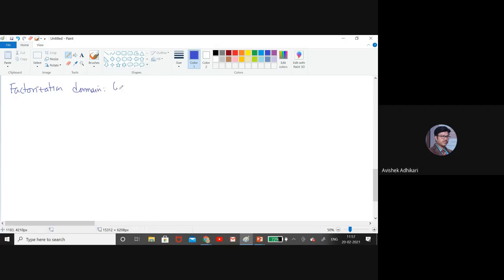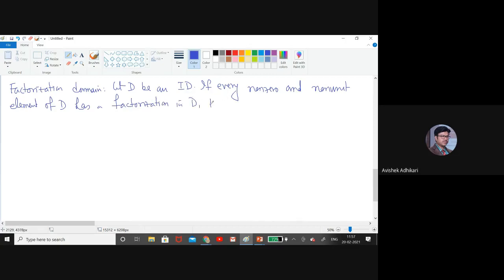Let D be an integral domain. If every non-zero and non-unit element of D has a factorization in D, then we call D a factorization domain.